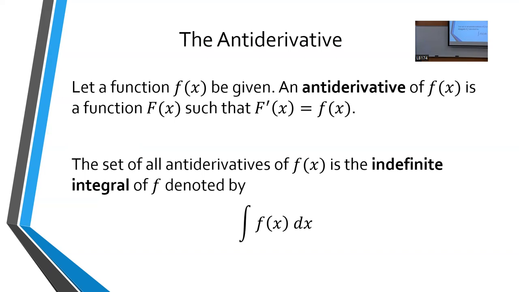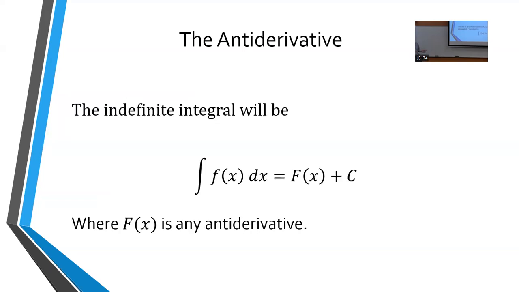So in terms of the big idea of finding the function whose derivative is the function that you're given. Okay, in terms of the big idea, that's what we're doing.